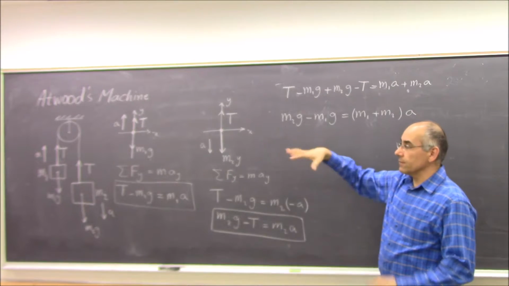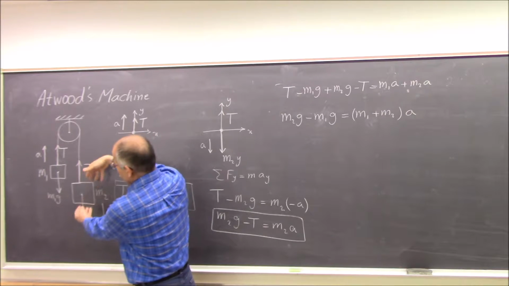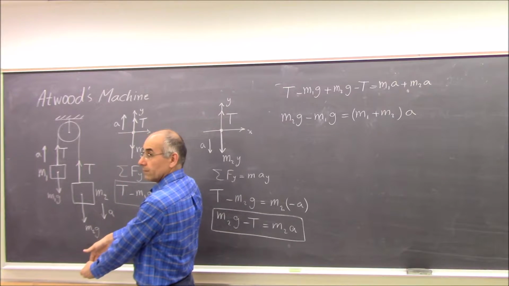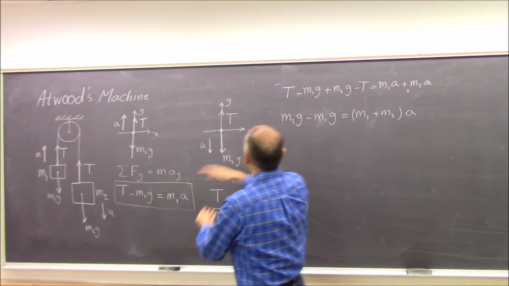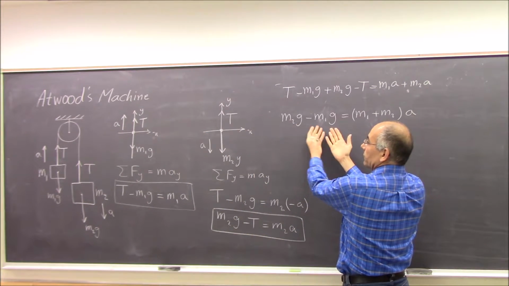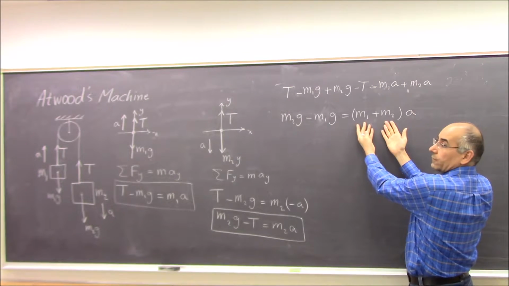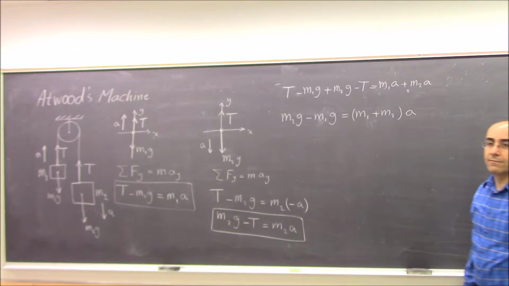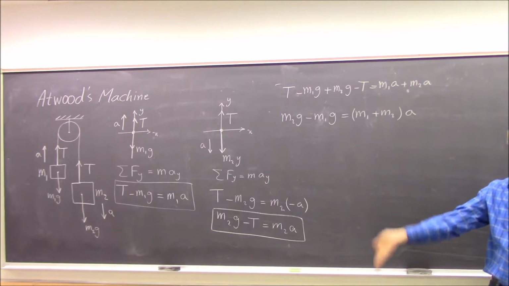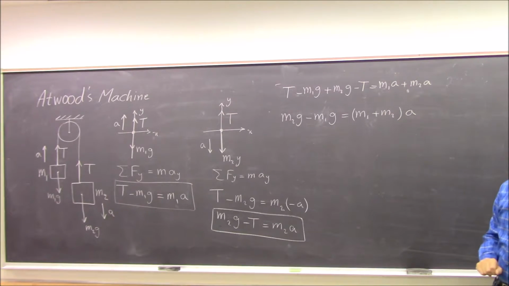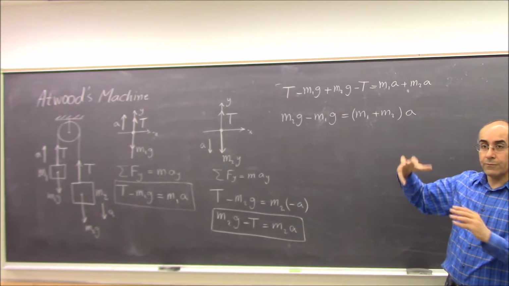If you consider both of them together, M2G is the weight of this one that is pulling this way, M1G is pulling the other way, and the net force acting on these two is M2G minus M1G. And that net force is equal to the total mass times the acceleration. So that's Newton's law for the two objects together.